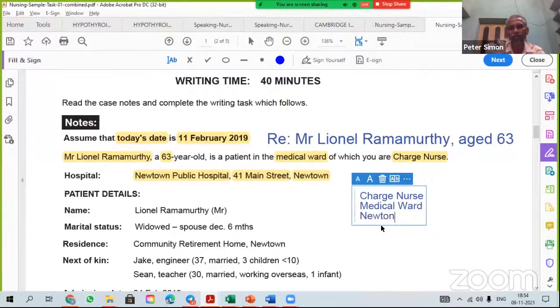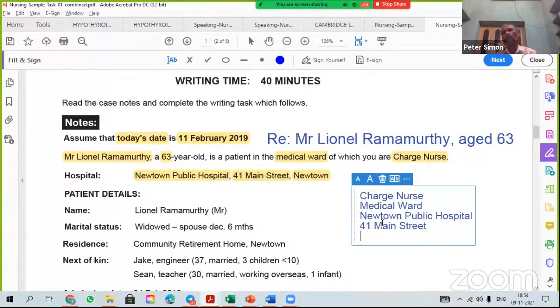Many people don't write 41 Main Street. If it is not important, then why did that fellow give this? Is he mad? Newtown. So these are the 5 things that you have to write.